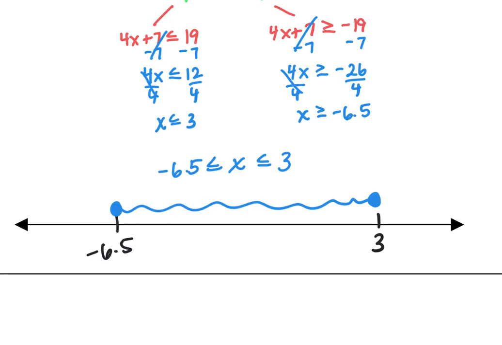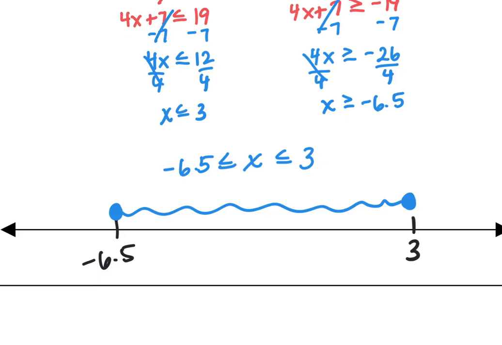And then our interval notation, we would use brackets because these are included. So we would use a bracket, put our minimum value, which is -6.5, comma, maximum value, and then a bracket on the other side. So these are your two algebraic ways, and then this is your graphical way.